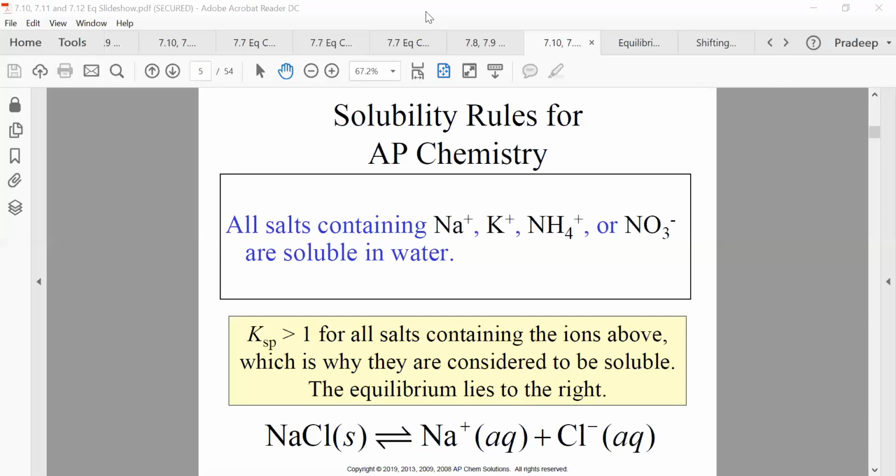What is shown here is NaCl solid and Na plus and Cl minus. Because of the presence of Na ion, this is completely soluble.